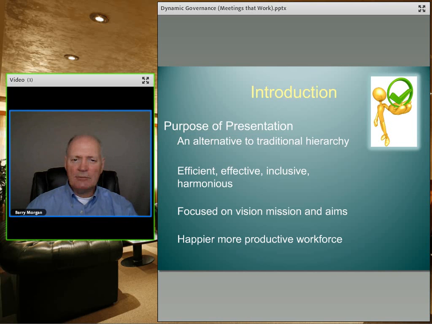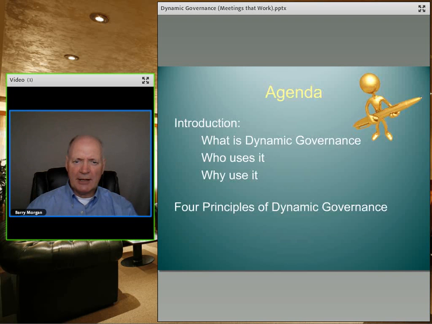And it's probably effective because it focuses on vision, mission, and aims of the organization, which so many organizations have, but so few actually refer to when they're making decisions. The result of all this is it creates a happier, more productive workforce, so that indicates a very worthwhile endeavor for us to study.